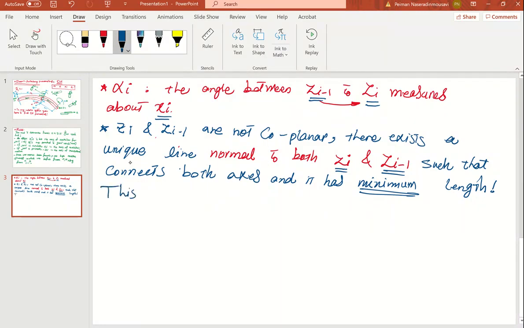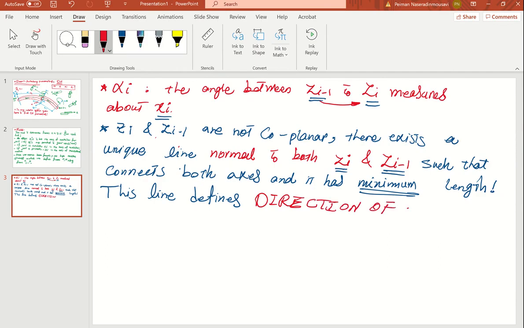This line defines, I'm changing the color, defines direction of axis xi and origin OI.